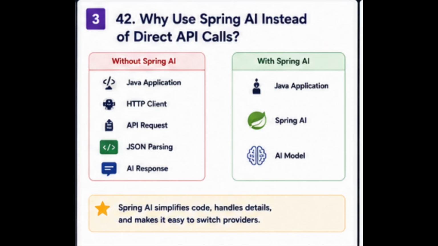Now, Spring AI provides abstractions that simplify this process. Our application can work with Spring AI APIs, and Spring AI handles much of the communication with the model provider. This makes the code cleaner and also makes it easier to switch between different AI model providers. The exact APIs may differ between providers, but our application can work with a common abstraction.